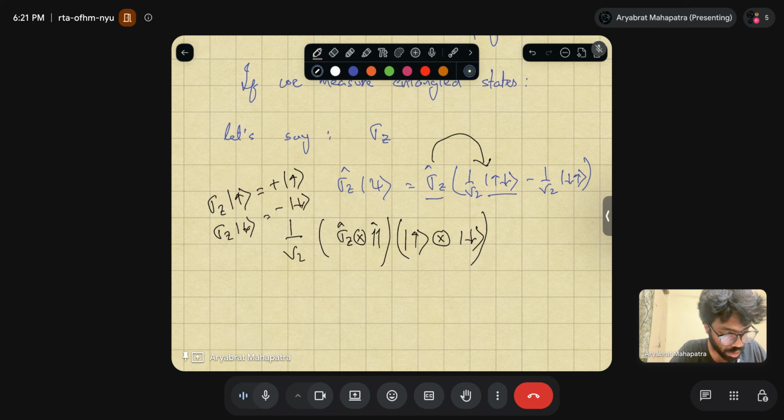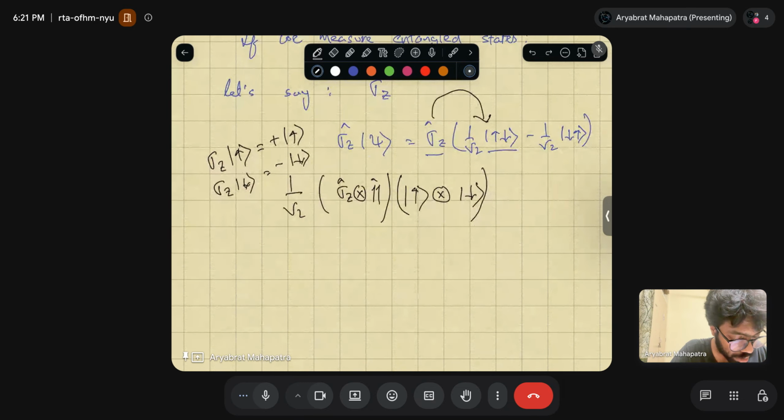Since this is a linear combination of states, let's say upon measuring we got the first state. I have measured sigma z only on this one, so it will give me 1 over square root 2 times this, cross product with down.